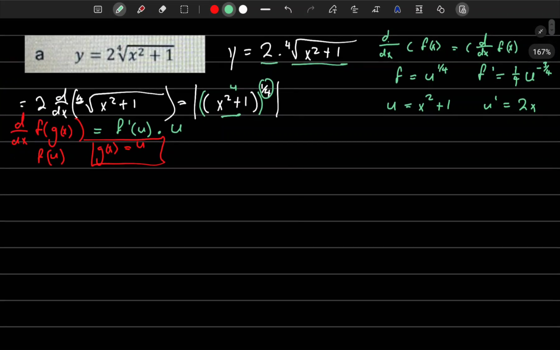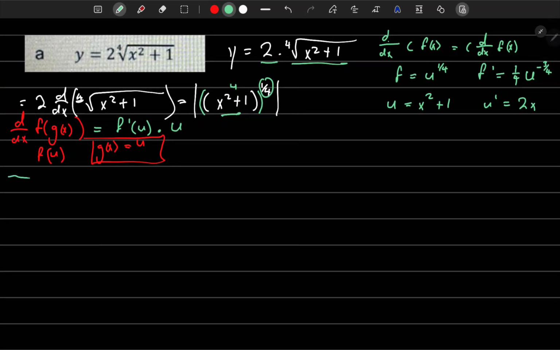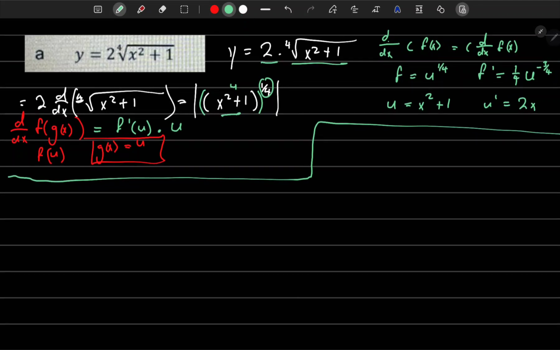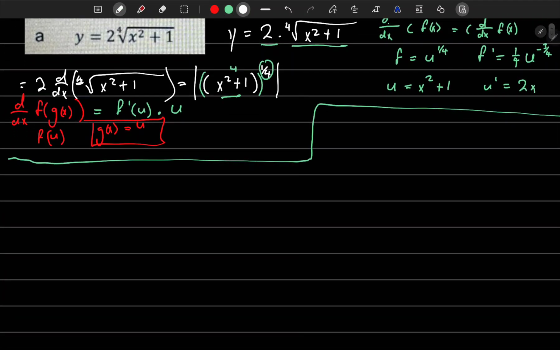I want to make sure that everything here fits on the same page. Now I'm applying the chain rule, and I need my f prime. The d/dx of this particular function is going to be equal to, because I still have to multiply it by 2, remember, first I'm going to find f prime.